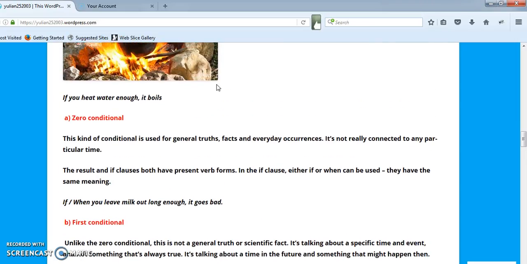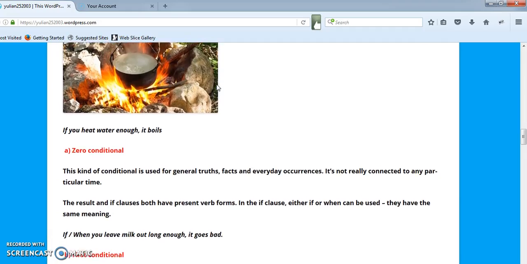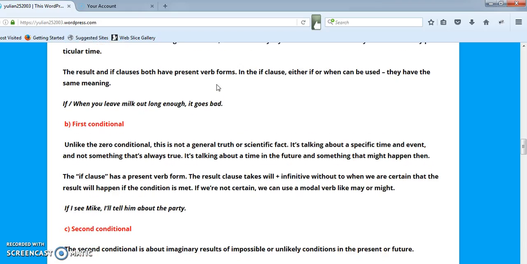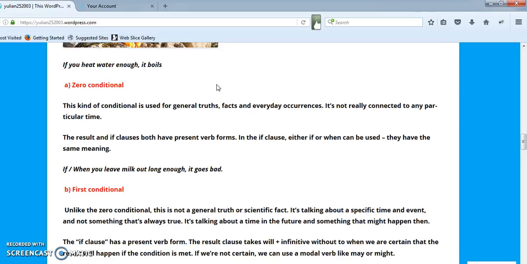In this part of the lesson, we can see the conditionals more widely. For example, zero conditional. This kind of conditional is used for general truths, facts, and everyday occurrences.